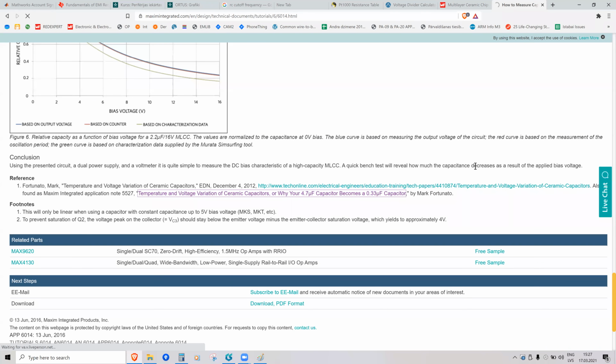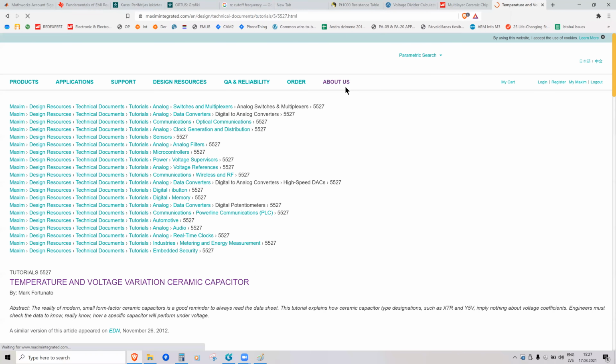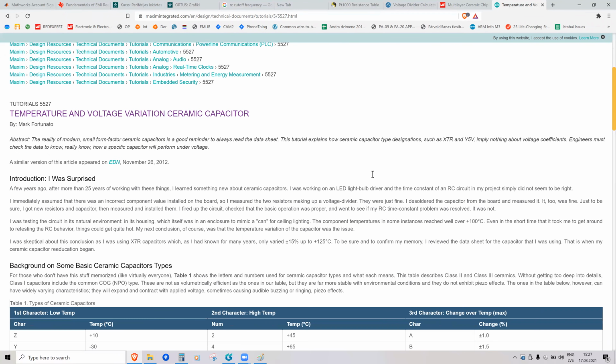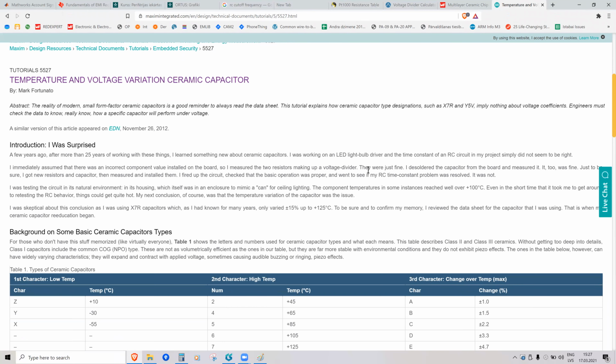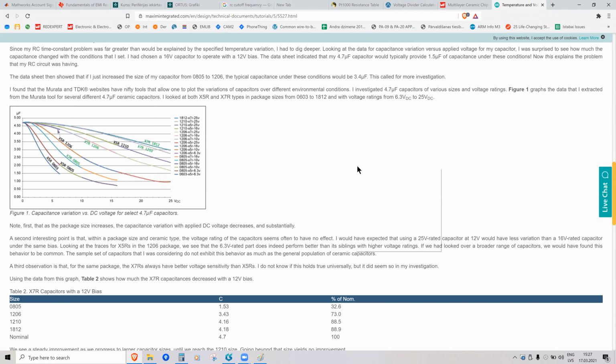This article is really good by Maxim Integrated, which explains why your 4.7 microfarad capacitor becomes a 0.33 microfarad capacitor.